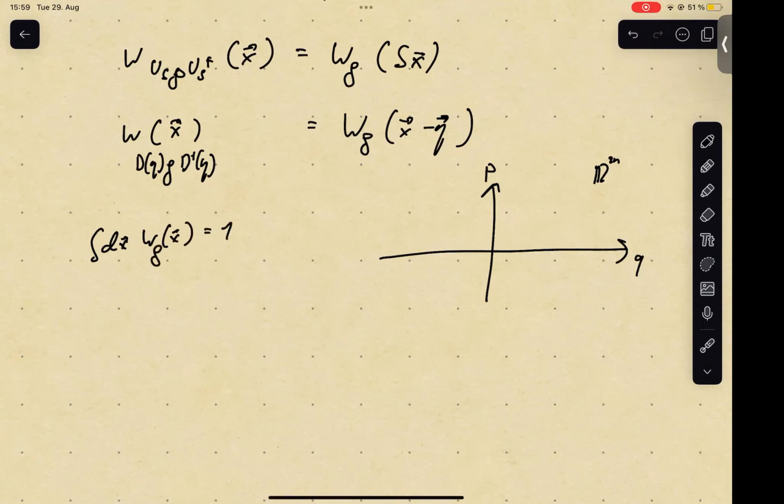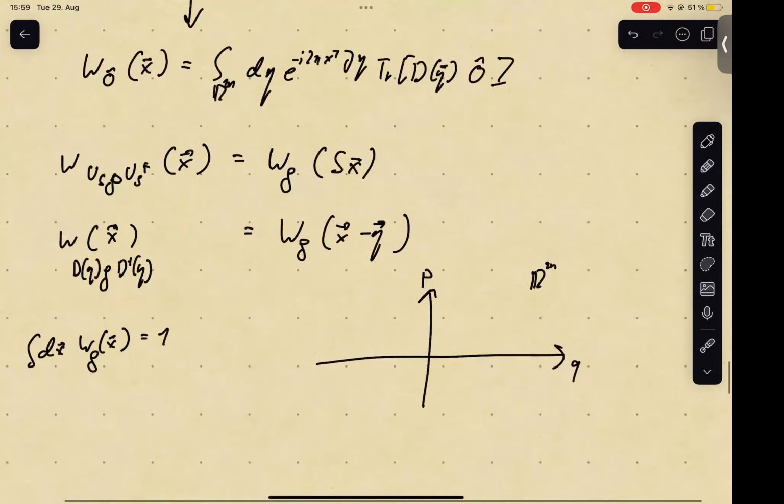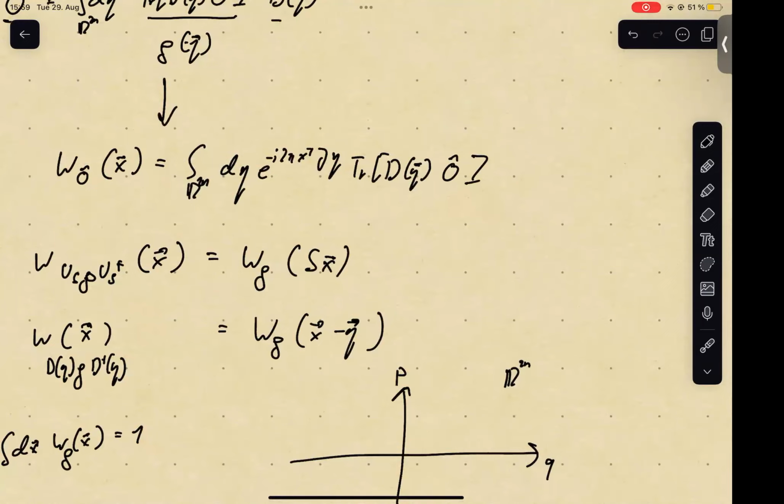So how does Hermiticity work? A density matrix will have a real Wigner function. Well, the characteristic function is going to be symmetric.